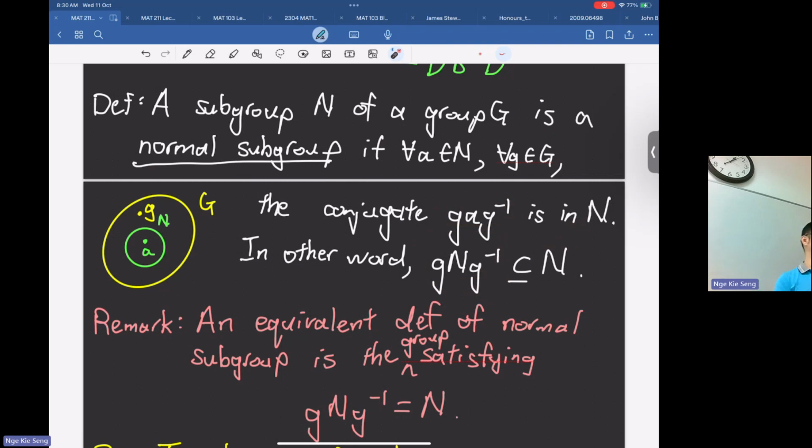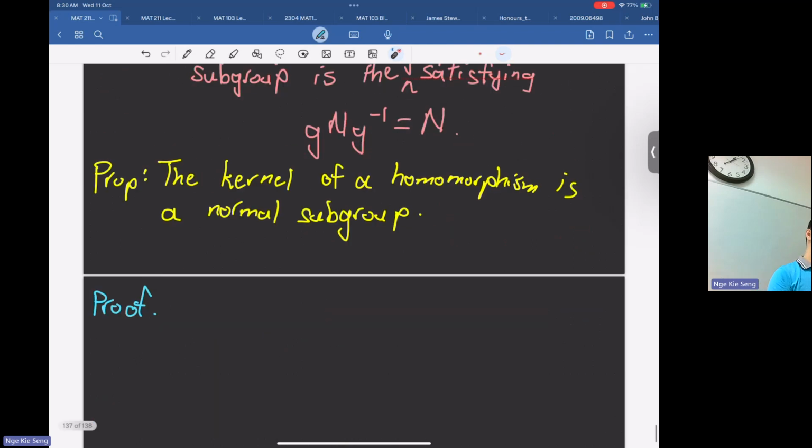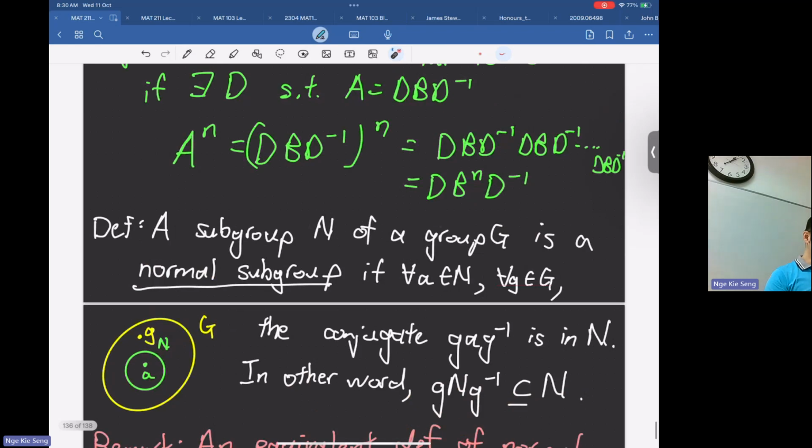So our subgroup in this case is the kernel. So that means I take anything from the kernel, I conjugate with anything in my group, and the conjugate must still be in the kernel.